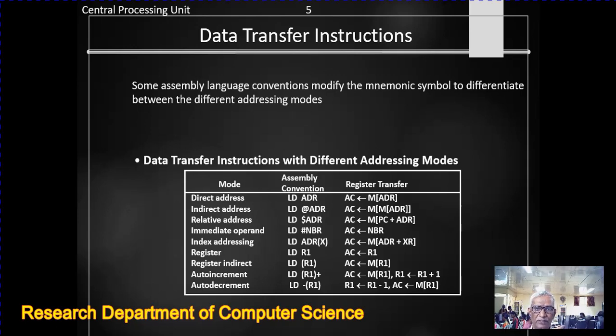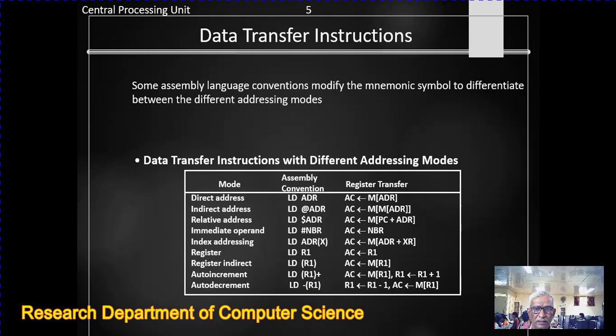As I already mentioned, the instruction format and addressing modes are there, and depending on the case the instruction executes. So these are the data transfer instructions with the different addressing modes available: direct mode, indirect mode, relative mode, immediate operand mode, indexed addressing, register indirect, auto increment, and auto decrement.